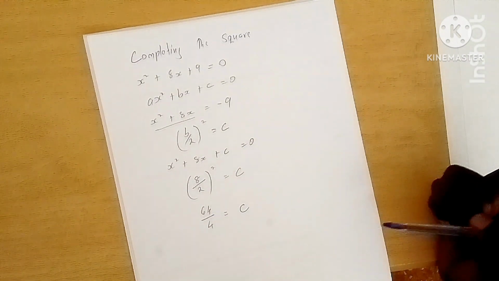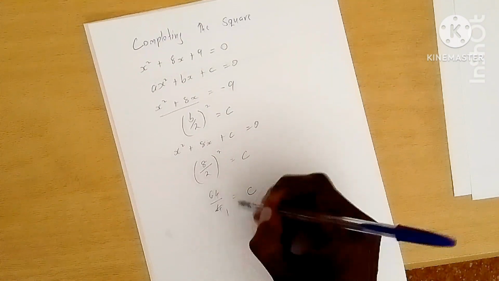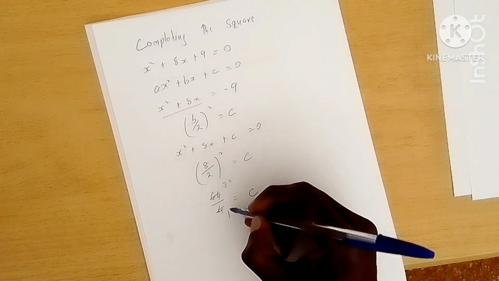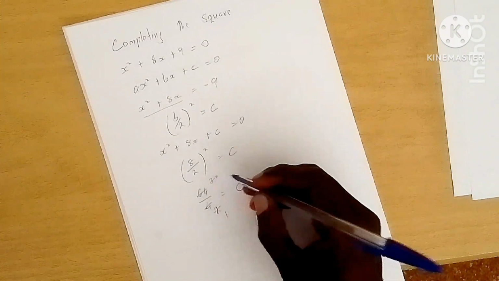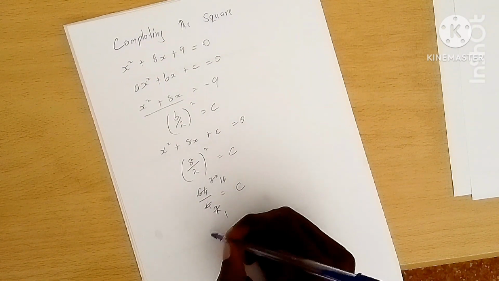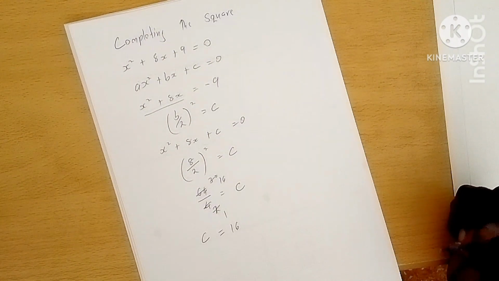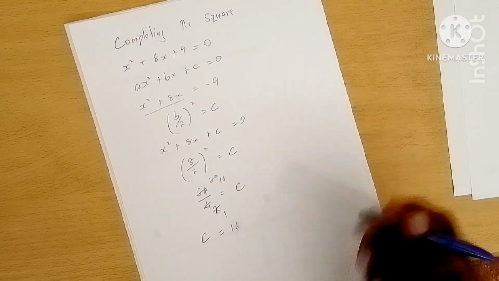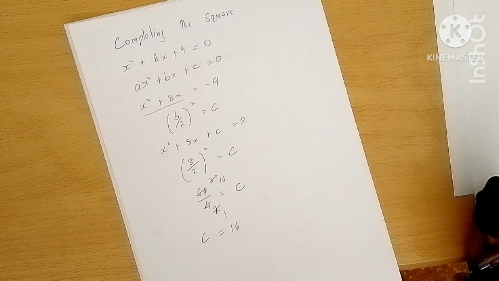When you divide 64 by 4, we get 16. So that means our value of c is equal to 16.